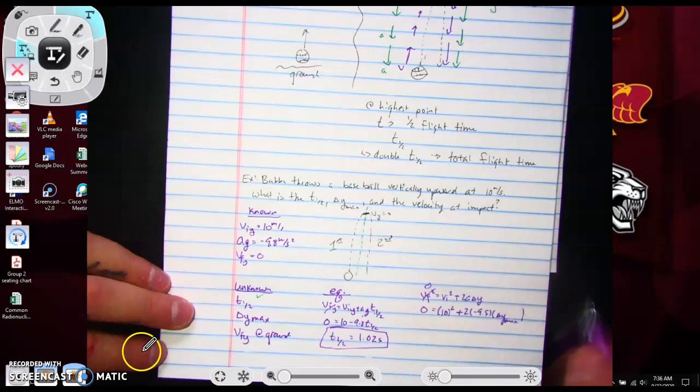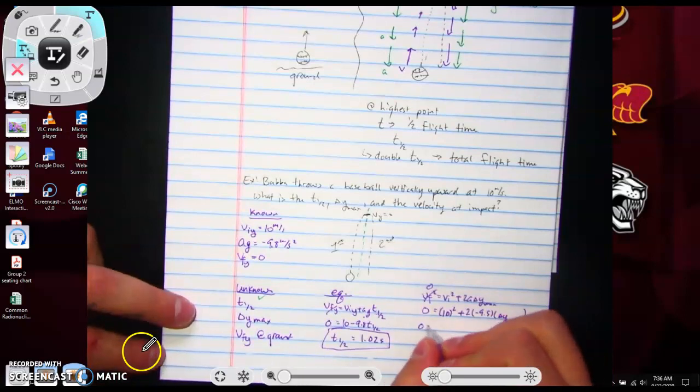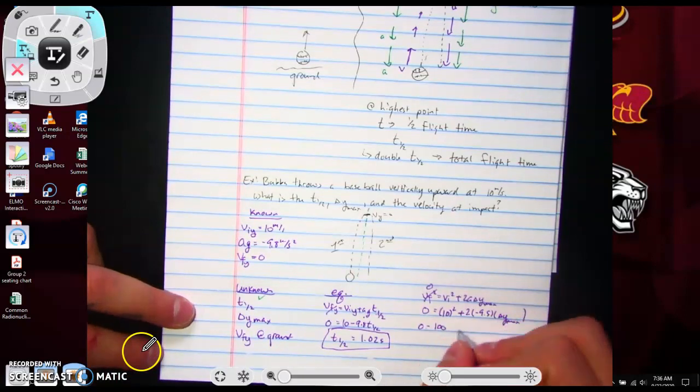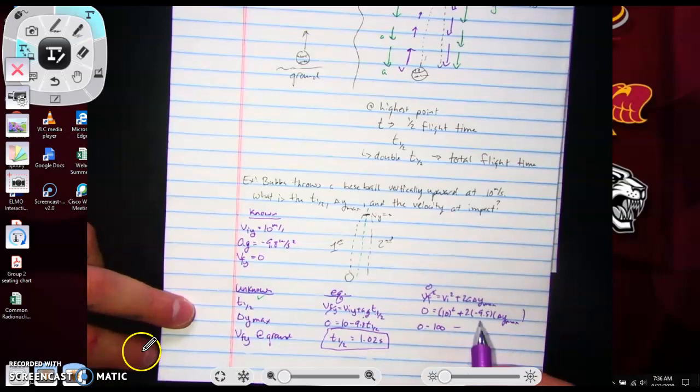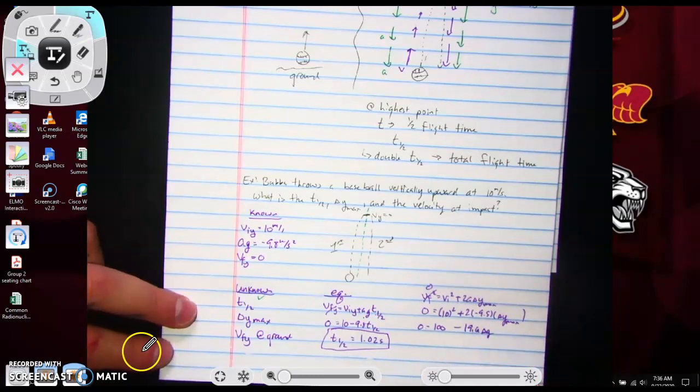Now I call it delta Y max because it's the maximum height you reach. If you just call it delta Y, it's totally fine as well. Okay, 0 is equal to 100 minus, 2 times 9.8 is 19.6, so negative 19.6 times delta Y. Multiply all those things together.